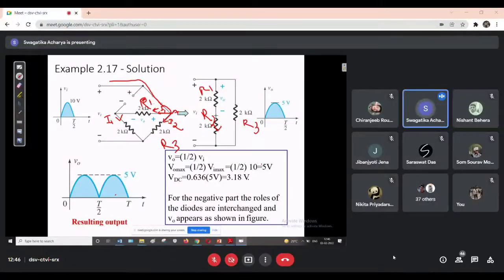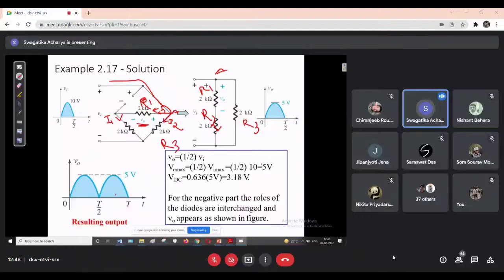Now you can solve. You take V0 across R1, right? You will take V0 across R1. So VI right here, it is VI, right? Now this is the node A and R1, R2 in series, R3 in parallel.